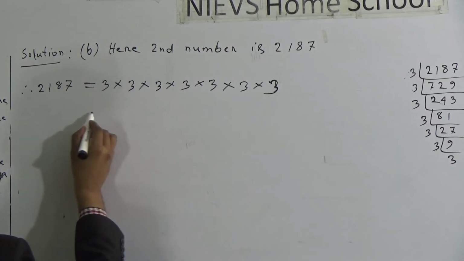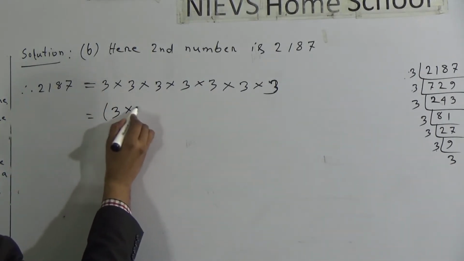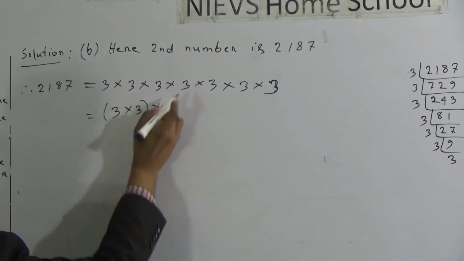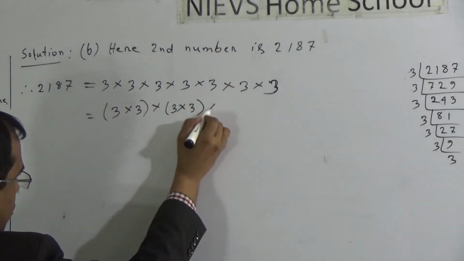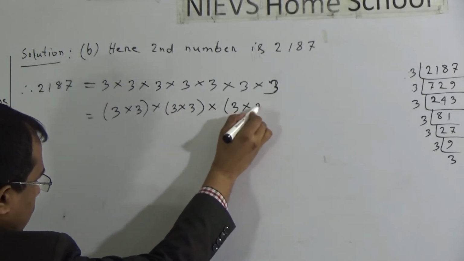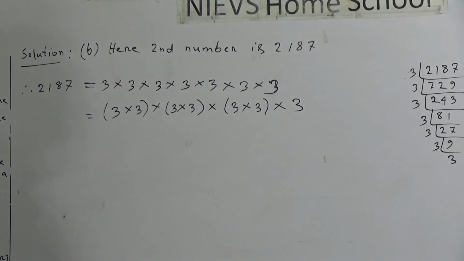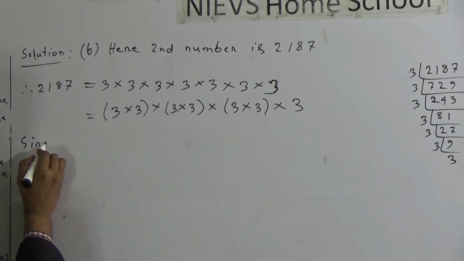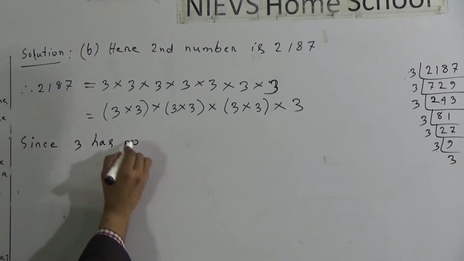Okay, I have written 7 3s. Now taking the first two 3s we can make one pair, and taking another two 3s we can make another pair, and taking these two 3s we can make another pair. This 3 has no pair. That means 2187 is not a perfect square, since 3 has no pair.